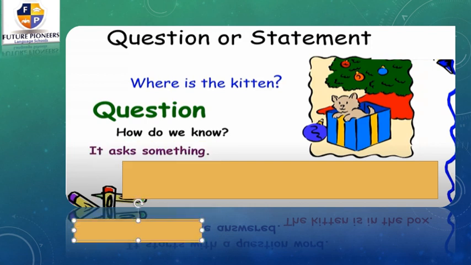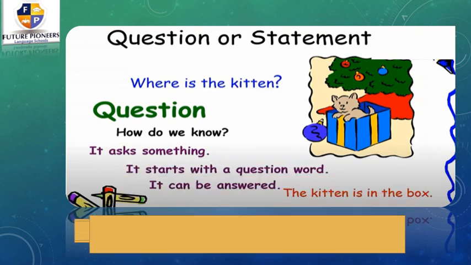It asks something. I am waiting for an answer right now. I want you to tell me where the kitten is. I don't know, so tell me please. It starts with a question word. It can be answered. The kitten is in the box, as you can see here. So, this is a question, it's not a statement.